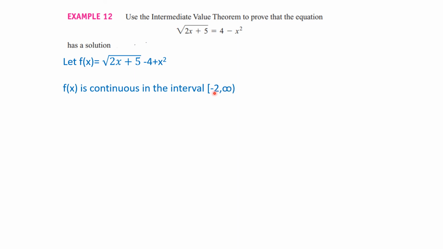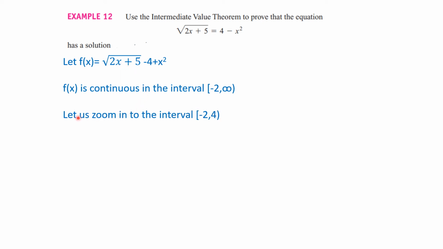This requirement is because we don't want to have a negative value for the root. The root will always have positive values or 0 value. So -2 will ensure that we're not going to have a negative value under the root.